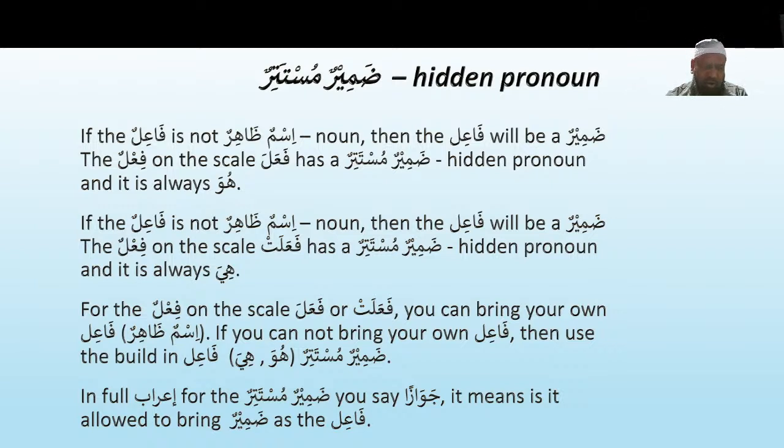And in full Arabic, we say jawazan or damirun mustatirun, because you have no choice. You cannot make any ism the fa'il. You have to make the damir the fa'il, jawazan.